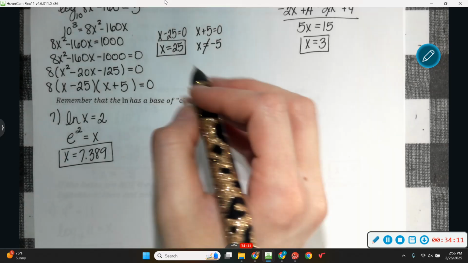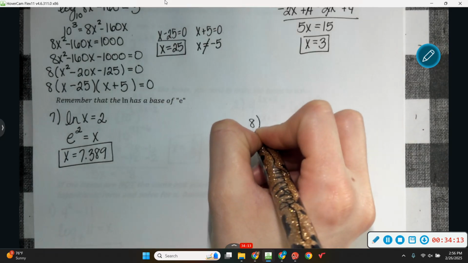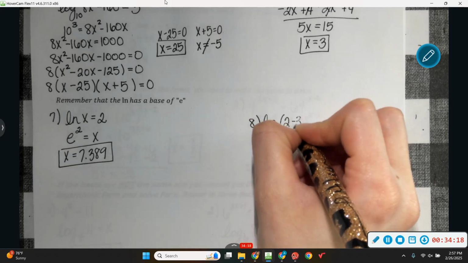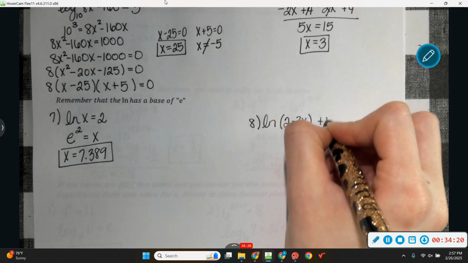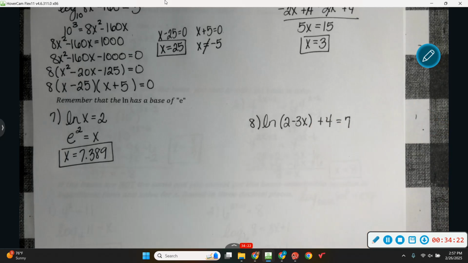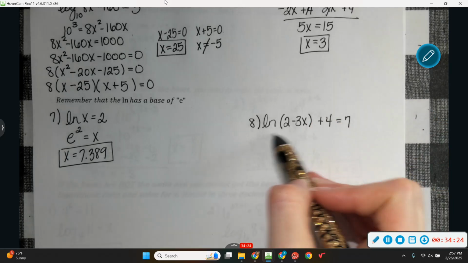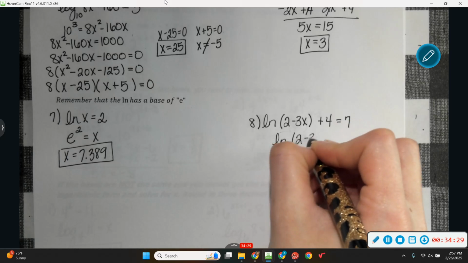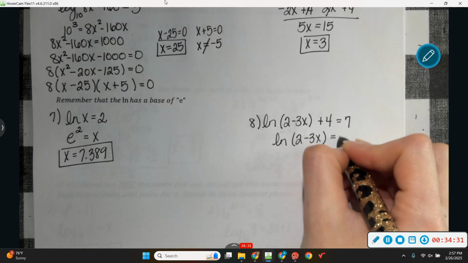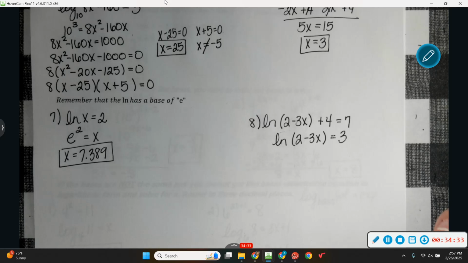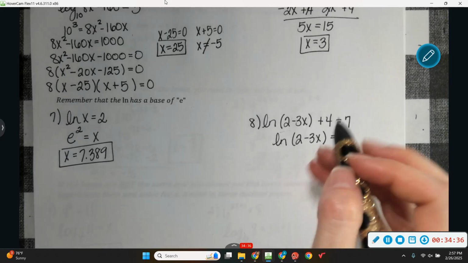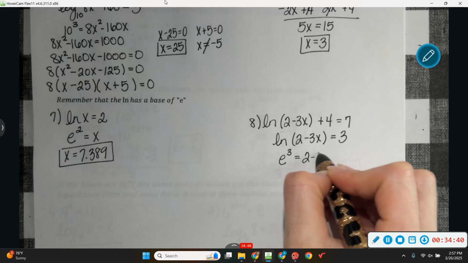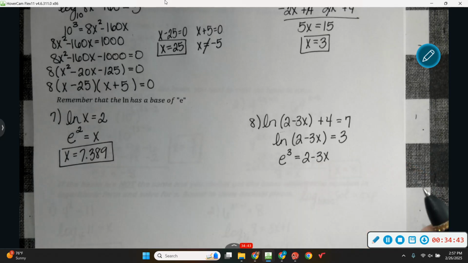So then, the next example, we have natural log of 2 minus 3x plus 4 equals 7. I want the natural log by itself, so I'm going to subtract my 4. Natural log of 2 minus 3x, 7 minus 4 is 3. I've got my natural log by itself, so I rewrite it. Base of e, e to the third power equals 2 minus 3x.